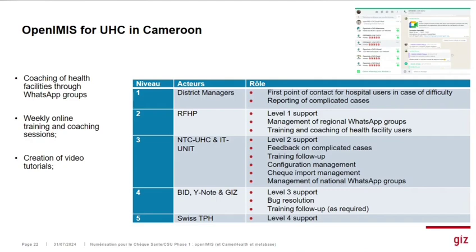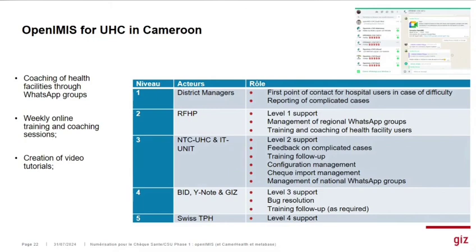So the fourth level is BID. BID is an organization led by Josh. I think some of you already know Josh. They are the ones in charge of coaching, of training, of configuration. We have Ynode. Ynode is a developer enterprise here in Cameroon, the local enterprise in charge of developing any other service, any other function we need, and the GIZ supporting all the partners.